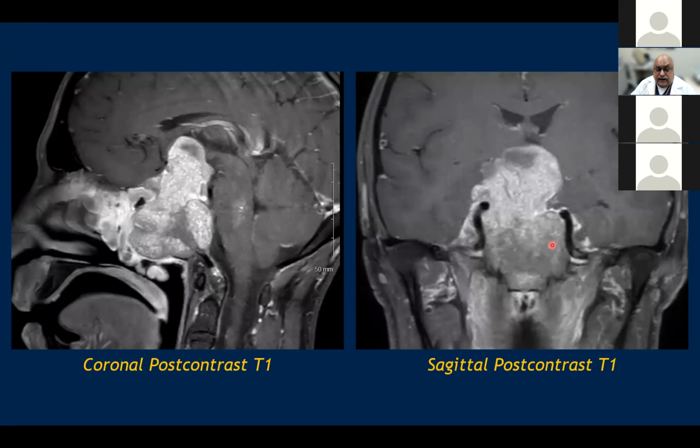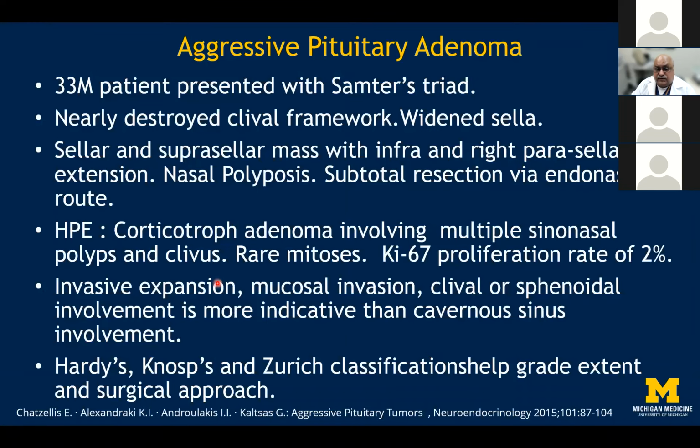The sella is expanded, and you can see that that tumor is also related to these polypoidal mucosal lesions here, which are in the nasal cavity as well. So this patient actually presented with Samter's triad. He had nasal polyposis, and there was this destroyed framework of the clivus from a lesion which arose from the sella.